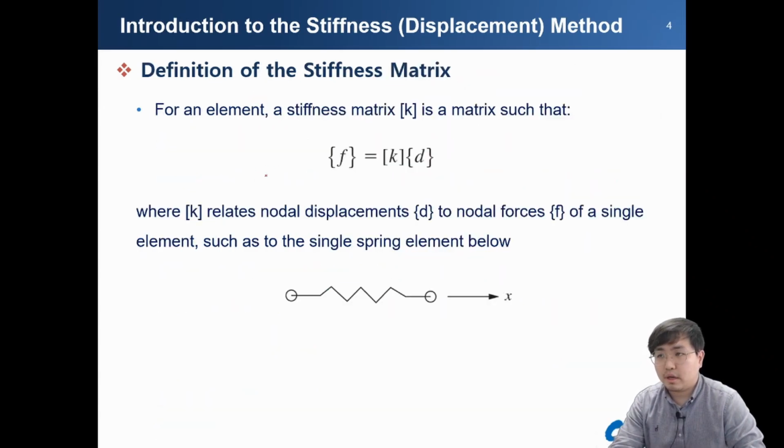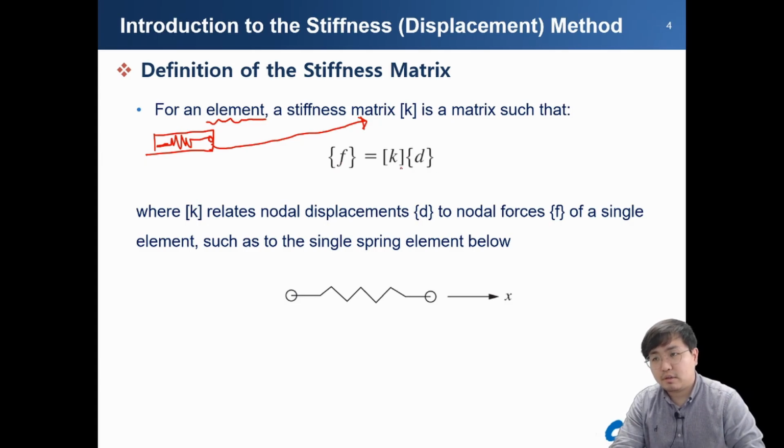Here, let's assume that we have only a single element. This element consists of some solid object, a bar or some other solid structure. However, we are going to say that this solid element consists of a spring element. I already told you that this spring element can be described in stiffness matrix form.